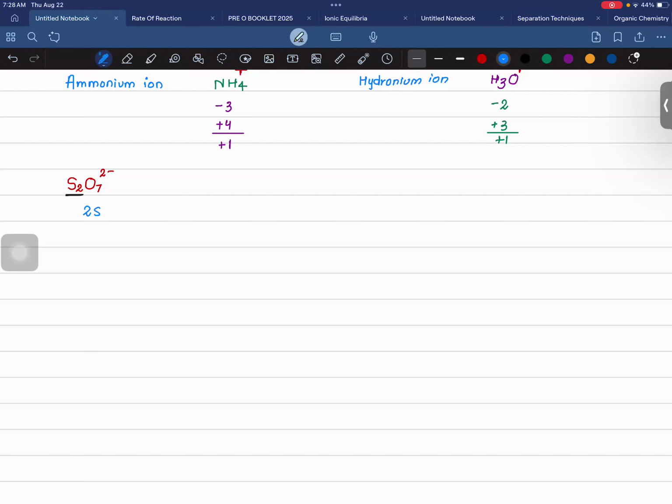2s, 7 oxygens. Each oxygen is -2. Now I'm not going to write down equals to 0. Why? Because now there is a charge.